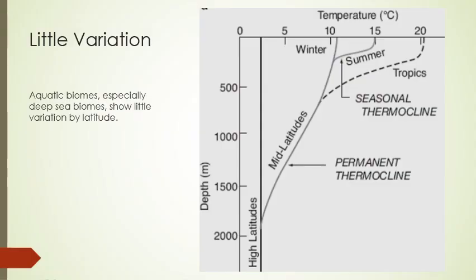There is very, very little variation in the deep sea biomes. They stay cold year-round. In higher levels, it can fluctuate with seasons. And that's where you see a lot of fish migrations, in the higher levels of the thermocline. Lower down, fish stick around where they are because nothing's changing.